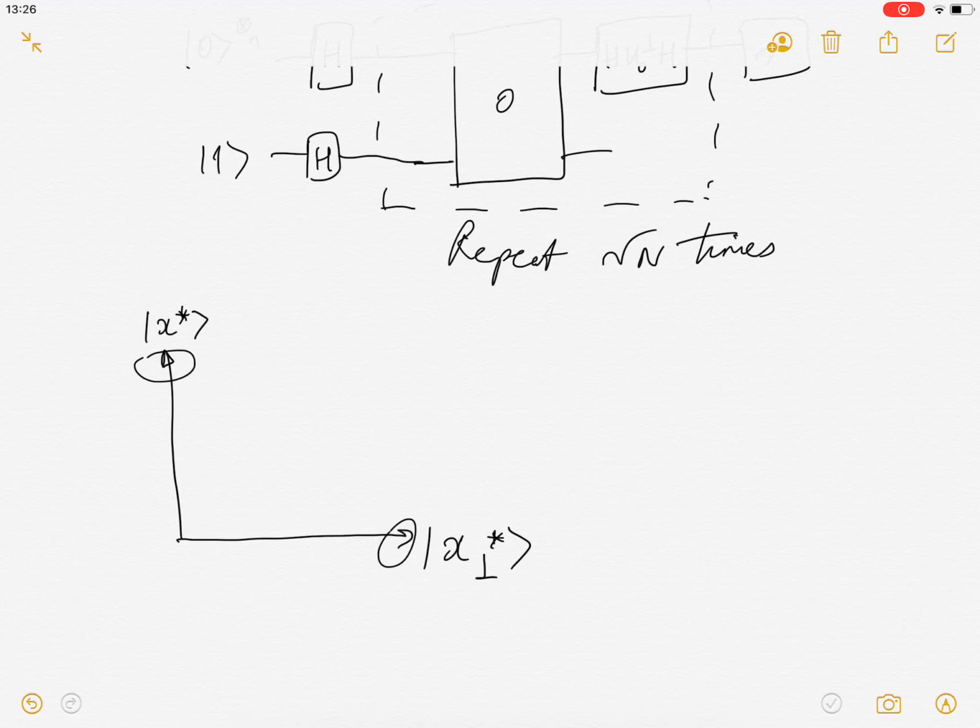So we have a two-dimensional vector space, and we start with the general superposition state psi, which is equal to 1 over square root of n summation over x.